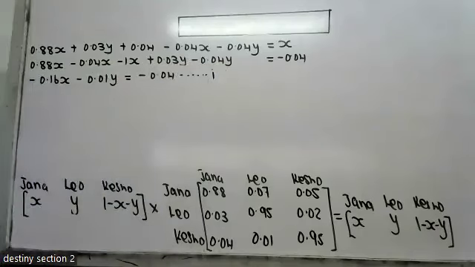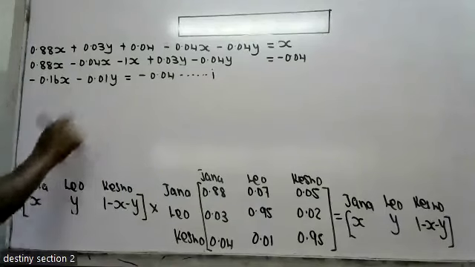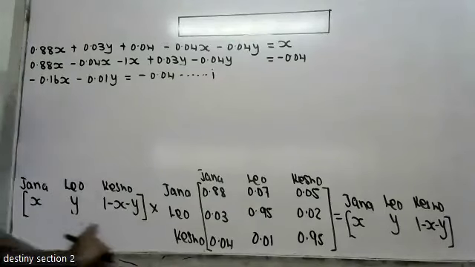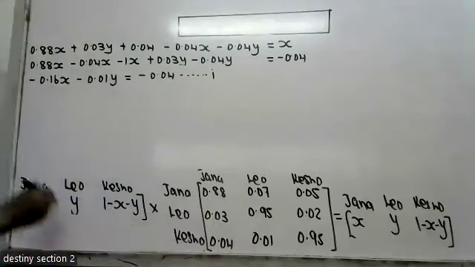That is equation number 1. We do the same. Remember, when you have two unknowns, you require two equations. So this and this.